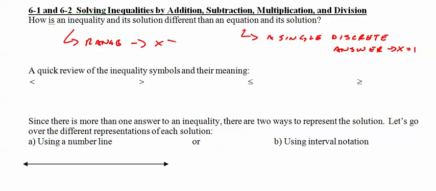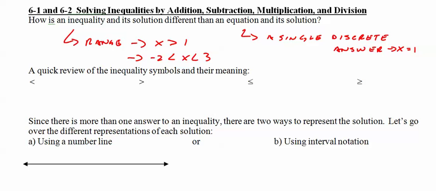X is greater than 1. Negative 2 is less than X is less than 3. Things like that. Takes some getting used to, but once you get past that, this is really a nice unit in that you're just basically reviewing what you've already done, how to solve things, with one small hitch. We'll go over that when we get there.